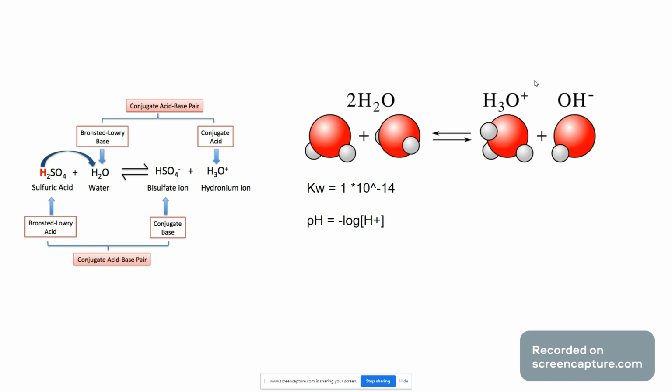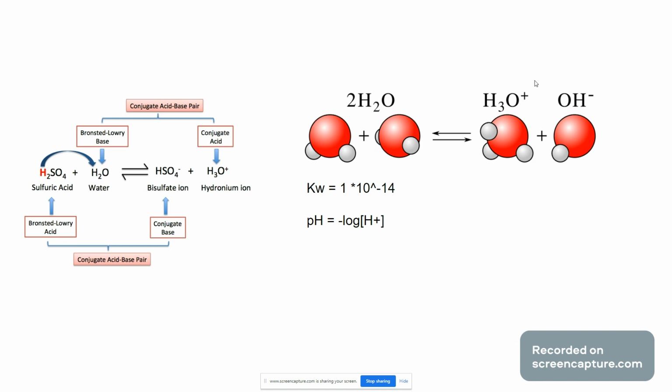For example, if you're taking a look at the reaction I have up here, sulfuric acid plus water, sulfuric acid is giving a hydrogen to the water molecule and losing one. So its products are HSO4 minus plus H3O plus.